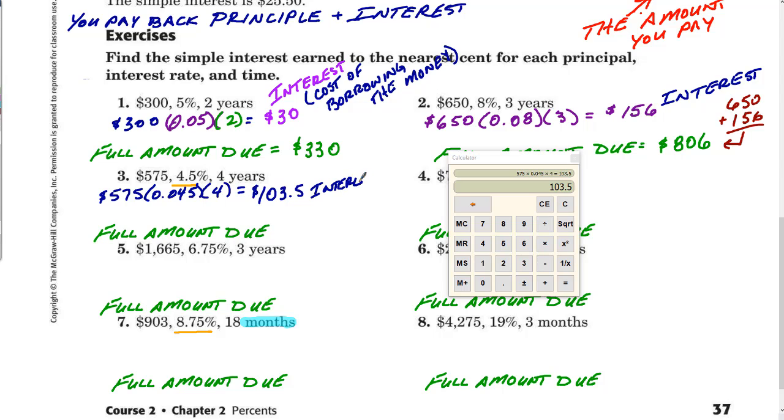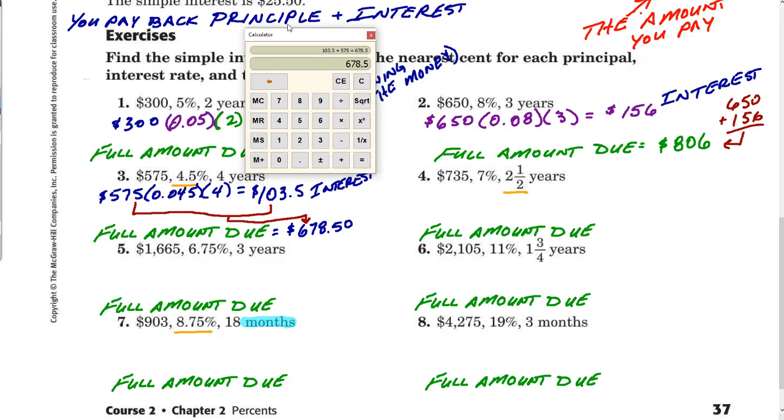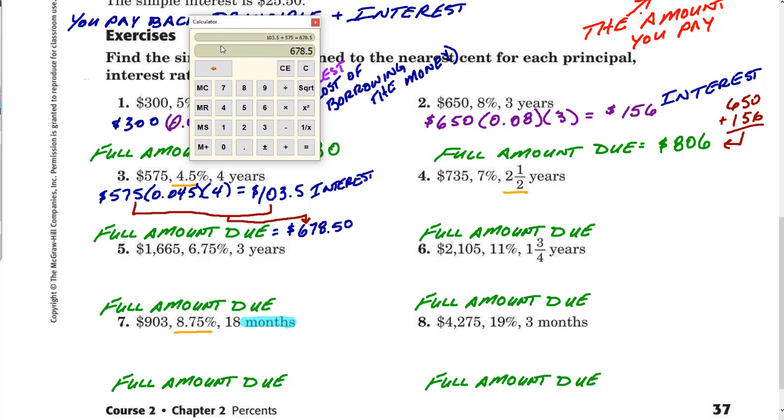All right, now you have to take that $103.05, you have to add the $575 that you borrowed, and you have to pay back a total of $678.50. So you took this one and that one, added them together, and that got you this. And that's the format I'm going to use for going through the rest of these.